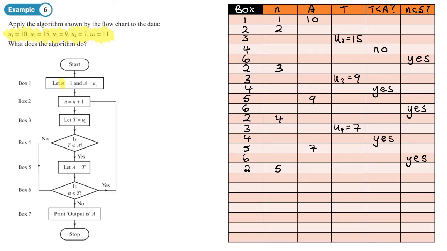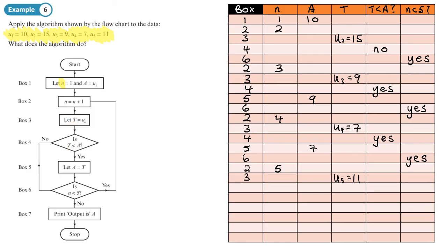Box 3, let T equal Un, so T is going to equal U5, so that's 11. Notice that each box, each instruction just has its own row. Don't try and squash it all onto one row.